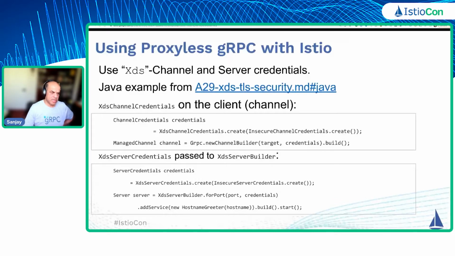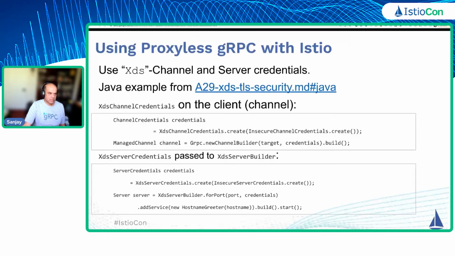The XDS channel and server credentials allow the gRPC developer to opt in to the Proxyless or XDS, if you will, security configuration. What the developer is essentially saying is that I trust the XDS security configuration enough that I leave it to the XDS control plane to configure security for my application or applications.